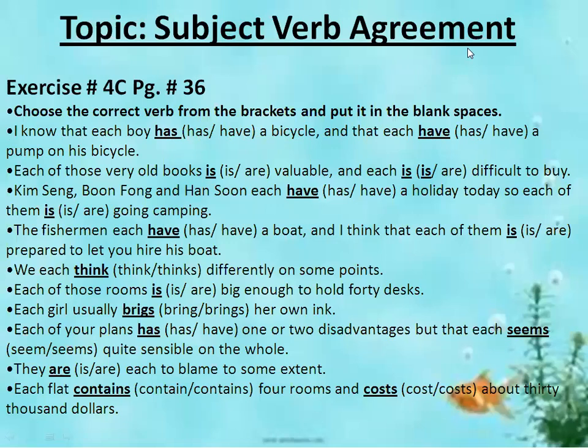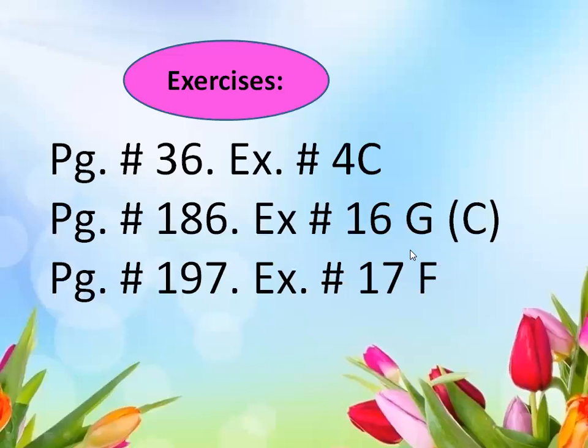Yes, Mohammed, Ahmad, Hassan, you have to do it right now. Yes, Jayakumar, you have to write it down in your copy. First, you will make an index. You have to make the index according to this slide's exercise numbers. Write down today's date. The topic name is subject verb agreement.